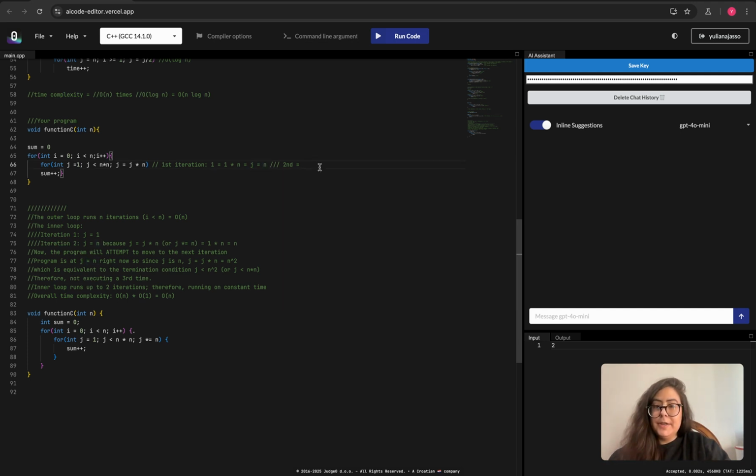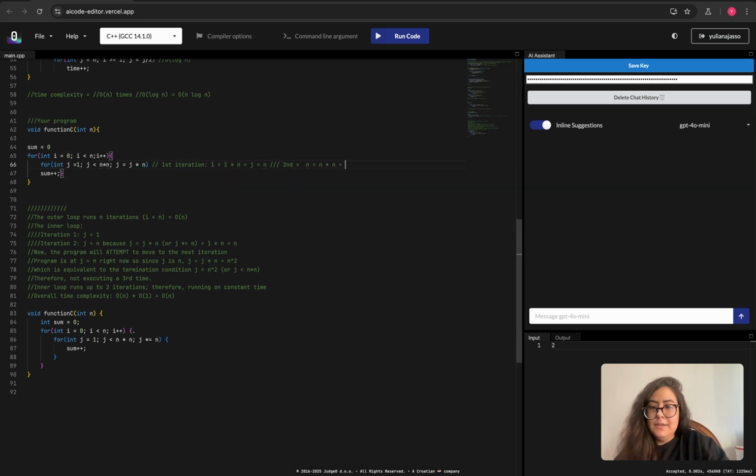So we try to iterate a second time to go to the third one, and it's n times n, because our j turned into n, and we had to go through this again. So what does that mean?